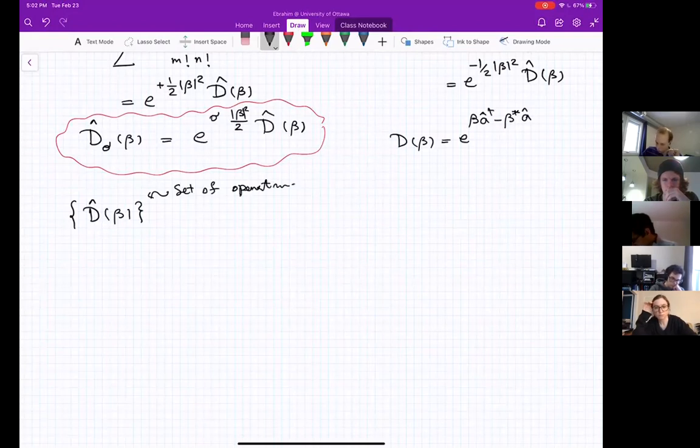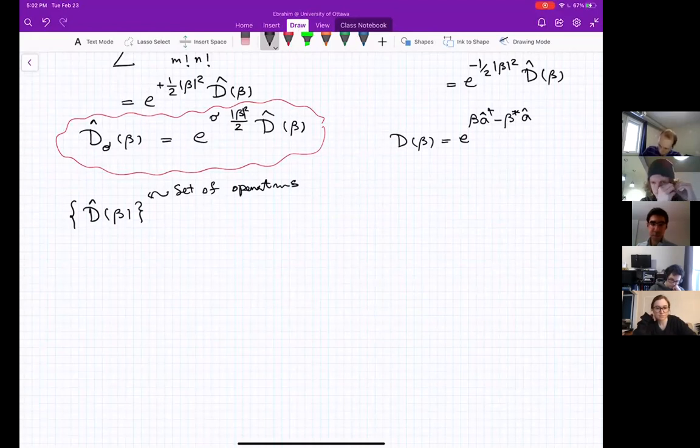What is changed for these operators if they are a set? The annihilation and creation operators are the same, right? The only parameter is beta. Beta is changing, so you have a different set for each beta. Is beta a continuous variable? Yes, it is. It's a two-dimensional real quantity, or is expanded in a complex plane.